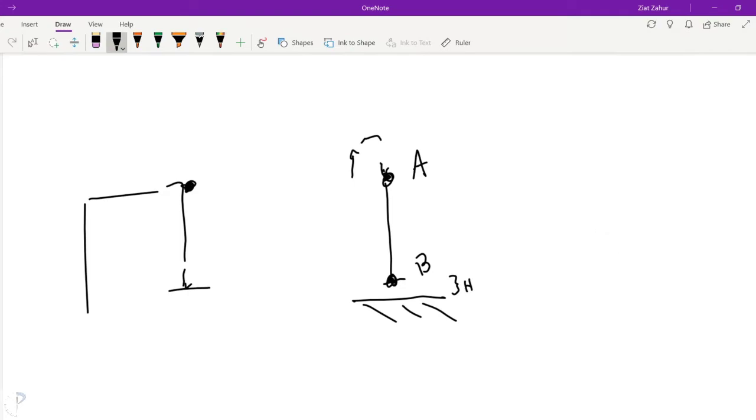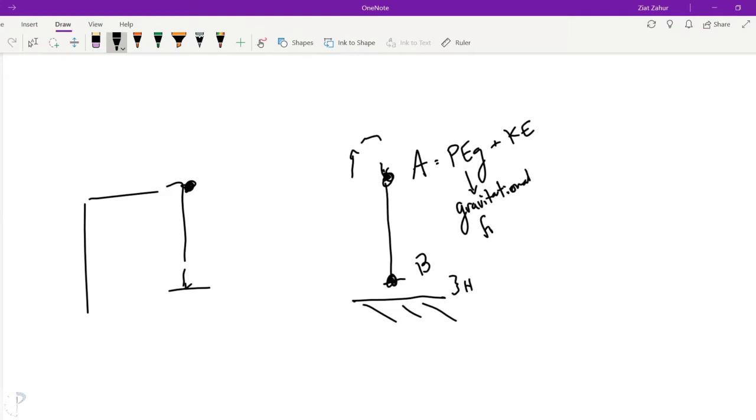So at A, we actually have PEG and KE. The gravitational potential energy is in the gravitational field. So where do you store PEG, mgh? In the gravitational field.